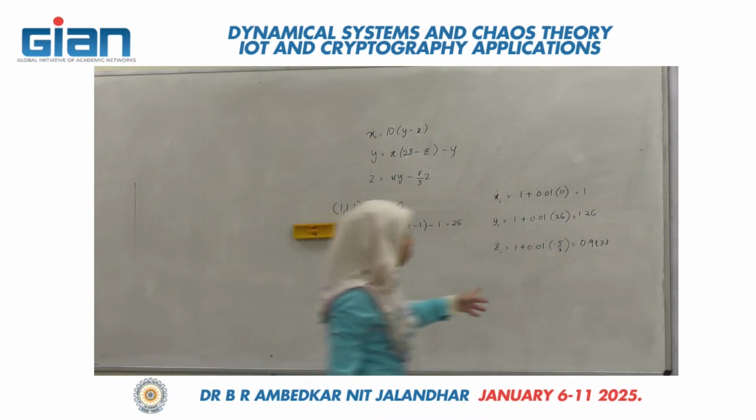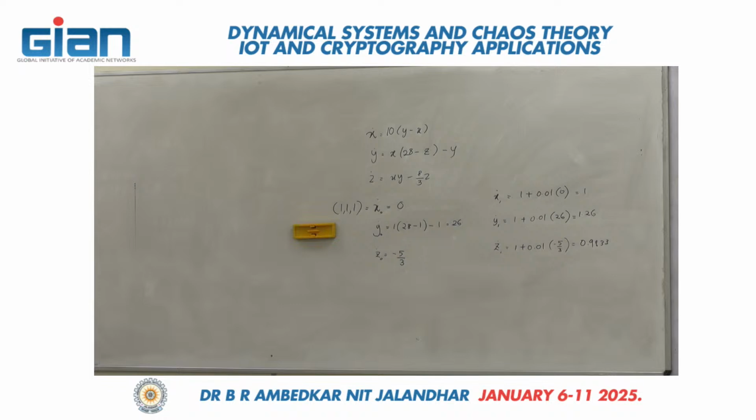So this is what we are getting for the second iteration: 1, 1.26, and 0.9833.